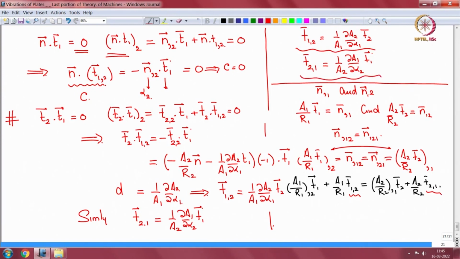So if we do that, what do we get? We get A1 by R1 comma 2 T1 plus A1 by R1 times 1 over A1 del A2 by del alpha 1 T2 is equal to A2 by R2 comma 1 T2 plus A2 by R2 times 1 by A2 del A1 by del alpha 2 T1 bar.